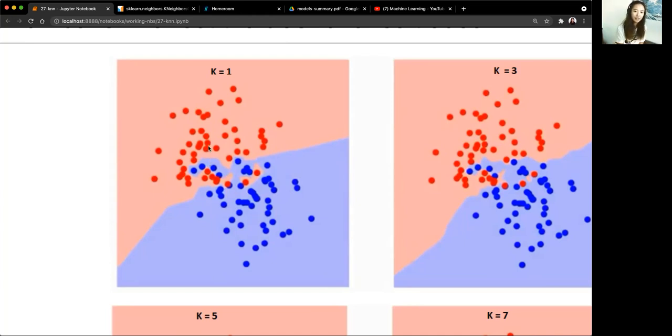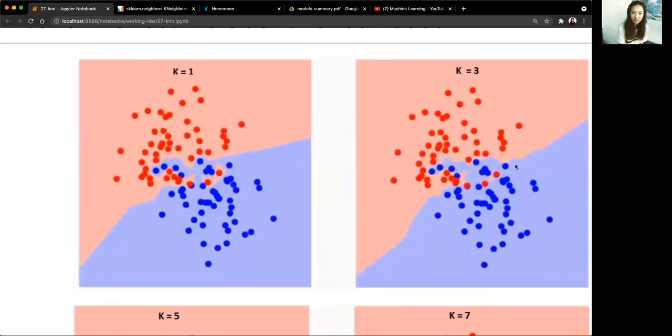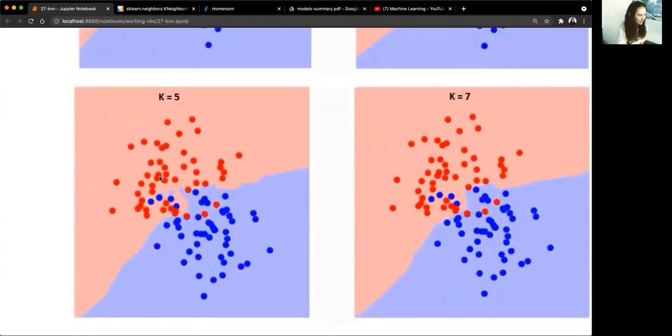As we increase K and it considers more of its neighbors and takes some average of its neighbors' classes, you'll see that the decision boundary does begin to smooth. So you see here it's a little bit smoother, like this region over here is a little better. And as you get to K equal to 5 to K equal to 7, you get a much smoother decision boundary.